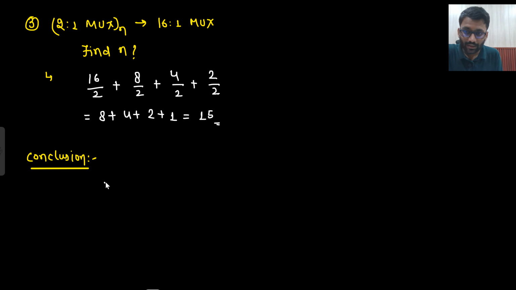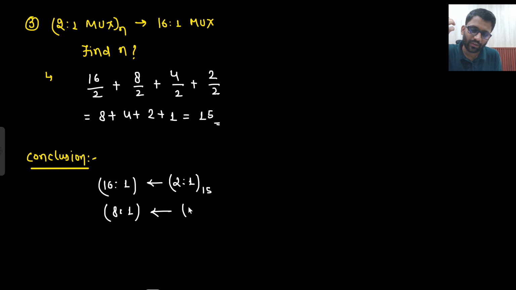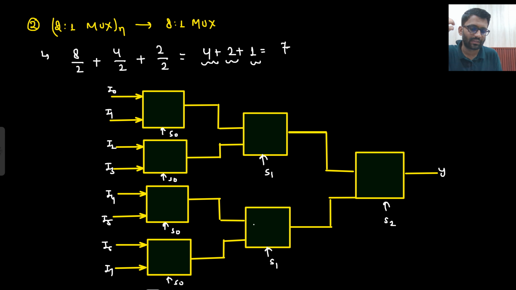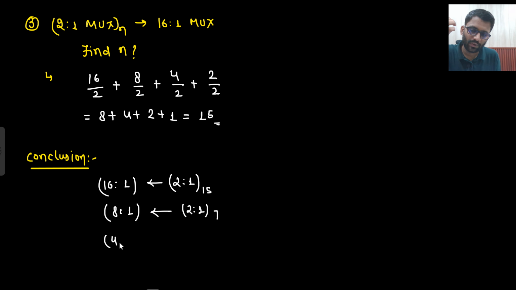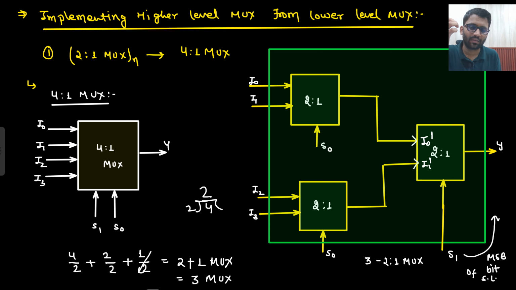So basically for a 16 is to 1 mux, 2:1 muxes required were 15. For 8:1, 2:1 required were 7. You can see it, 7. And for 4:1, 2:1 required were 3, right?